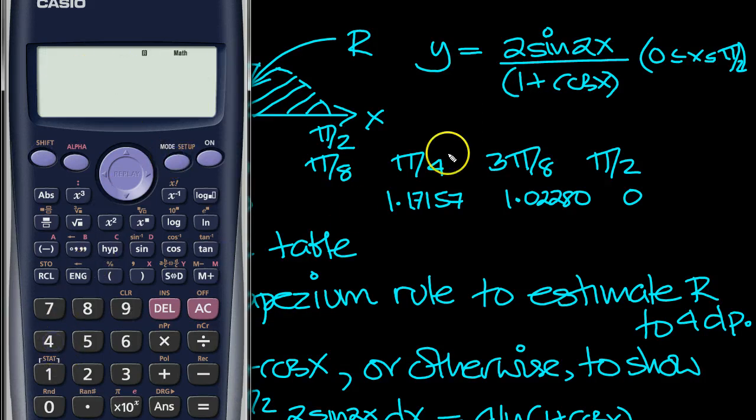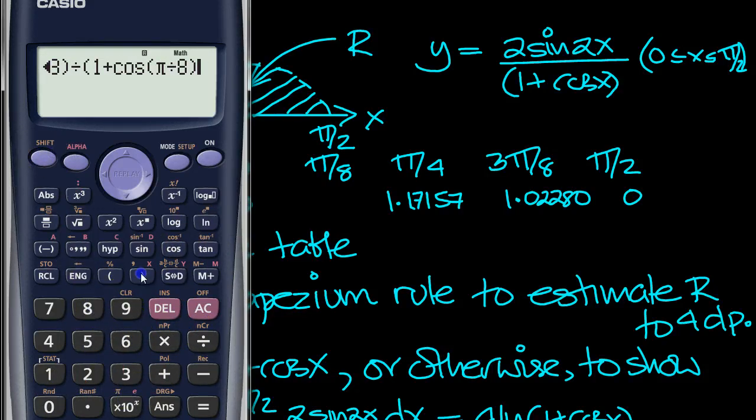So it's 2 sine 2x, 2 times sine of 2 times the x, which is pi over 8, close bracket, 2 sine 2x divided by bracket 1 plus cos x, 1 plus cos of the pi over 8.